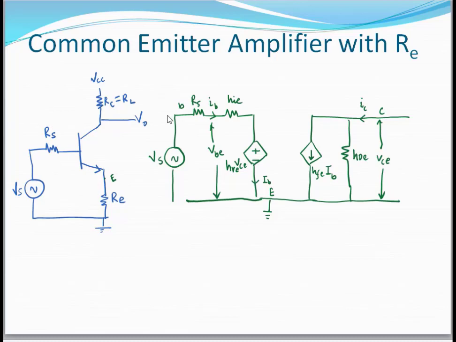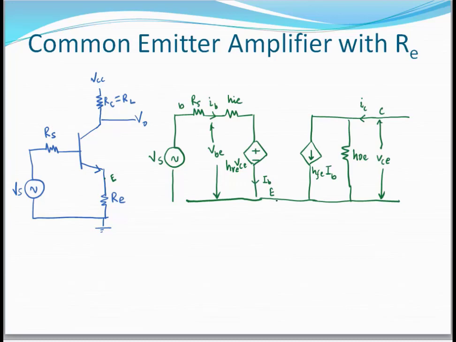Up to now we understand the things, and if you see this terminal, this is the emitter point E, and this emitter is not grounded here, so this point would not be grounded. So it is better to erase it because it is not grounded. We have to draw one emitter resistance at this point.